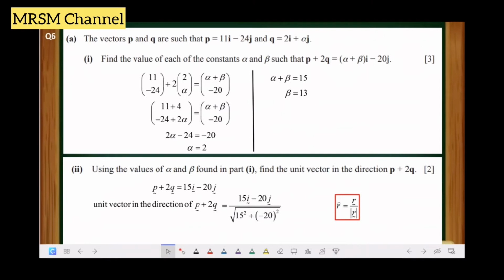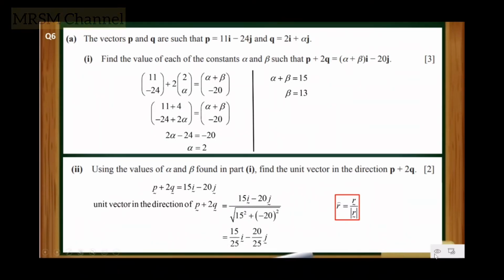Even though you might think 20 or negative 20, when squared we get 400 anyway, it's not allowed. You must put negative 20, because it was originally negative 20. So put negative 20 and then you will get the answer. Split into 2: 15 over 25 I minus 20 over 25 J.